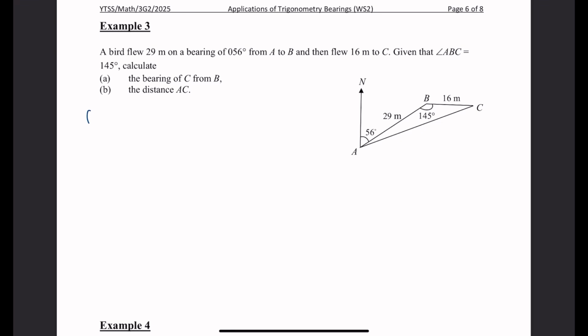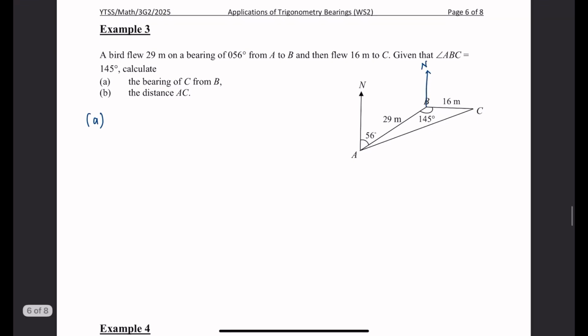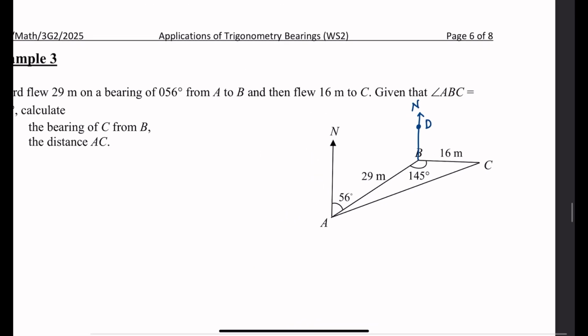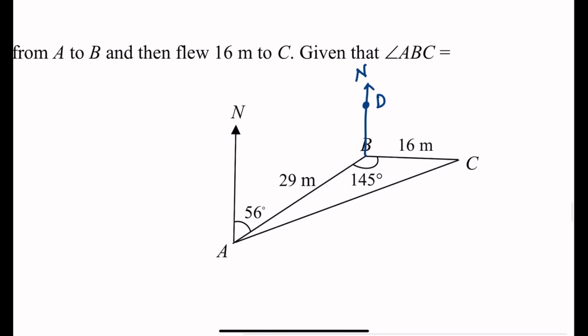So part A. So I want C from B. So from B means I have to draw a north at B. So let me just draw a straight line up from B first, then label it as north. So what I will do here, I'm just gonna put a dot and call this point D for easier angle reference, okay? So let's examine this diagram here.